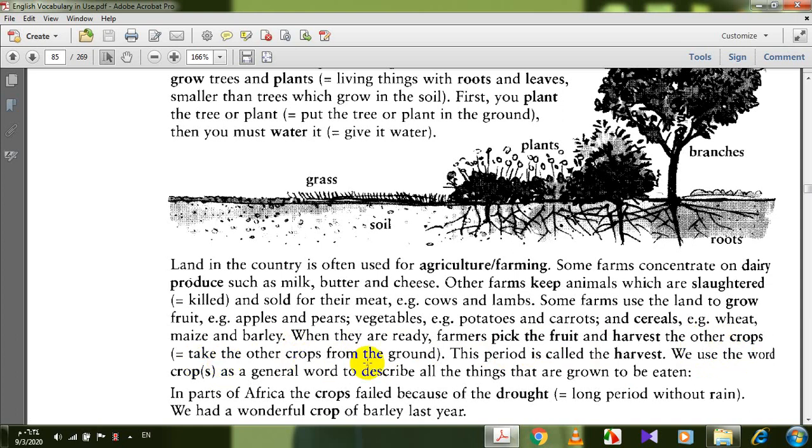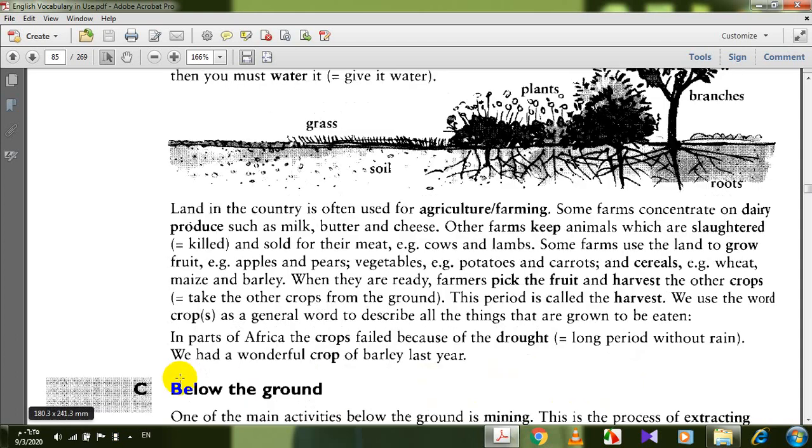Take the other crops from the ground. This period is called the harvest. We use the word crops as a general word to describe all the things that are grown to be eaten. This is the meaning of crops. In parts of Africa, the crops fail because of the drought, a long period without rain.